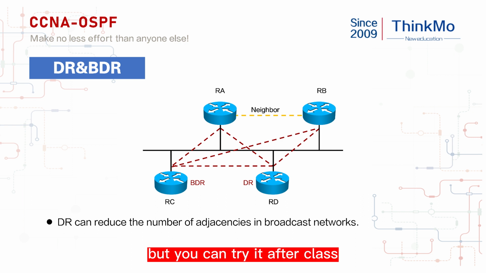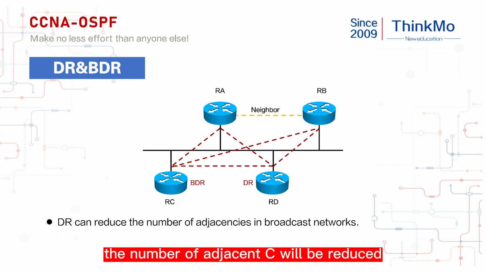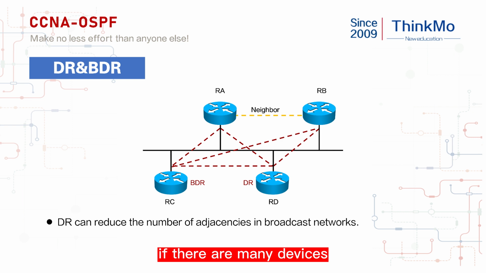You can try it after class with 5 devices, 6 devices, 7 devices, or even more. You can see the number of adjacencies will be reduced. You can't see it this way because there is little equipment. If there are many devices, you can see the difference.